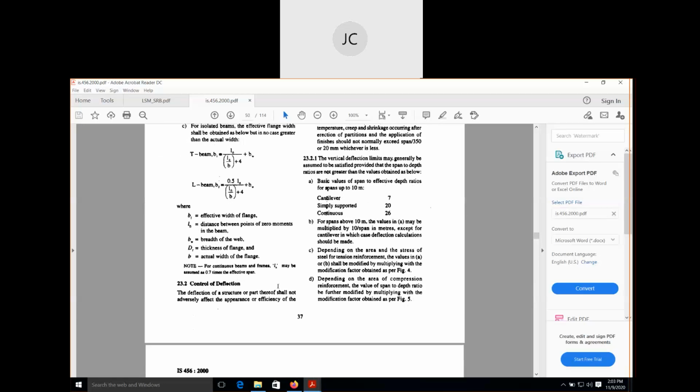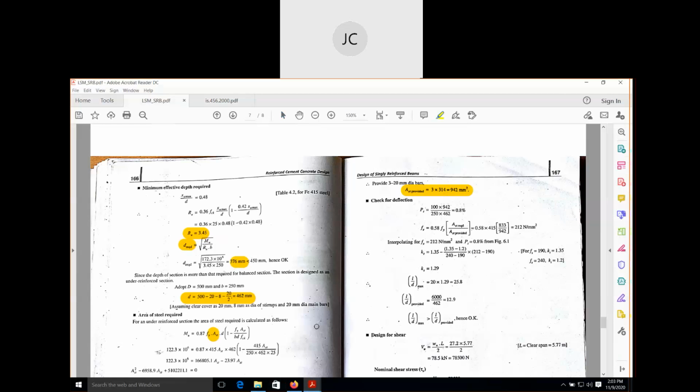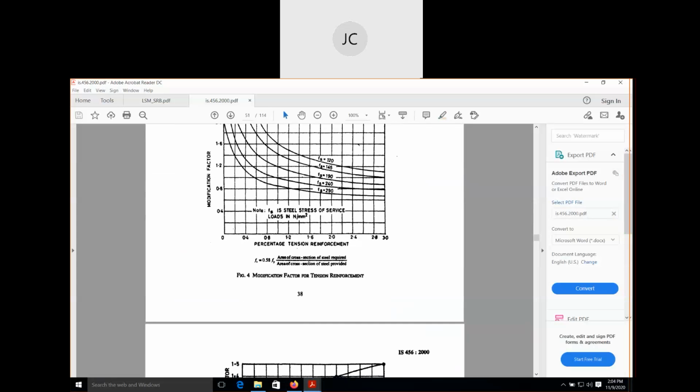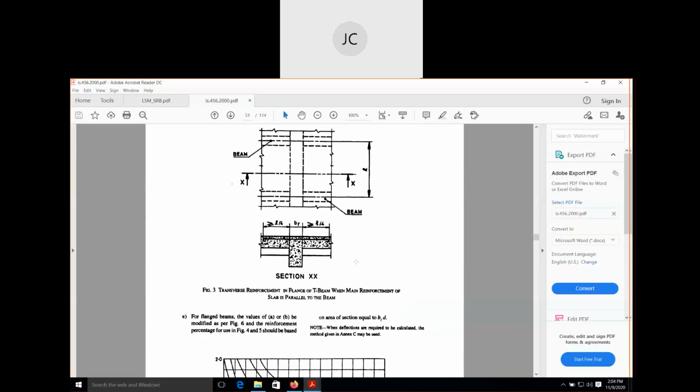Control of deflection, this is clause number 23.2. Now you see here, first you find out the percentage of steel. Pt means percentage of steel. The formula is 100 Ast by B into D.